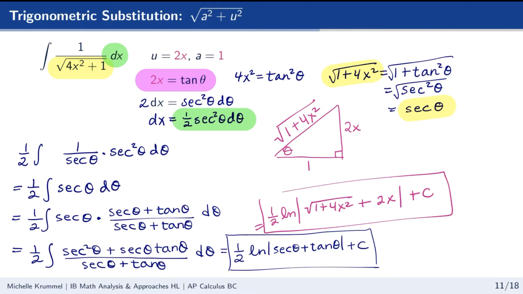So that is our final answer here. 1/2 ln absolute value, square root 1 plus 4x squared plus 2x plus c.